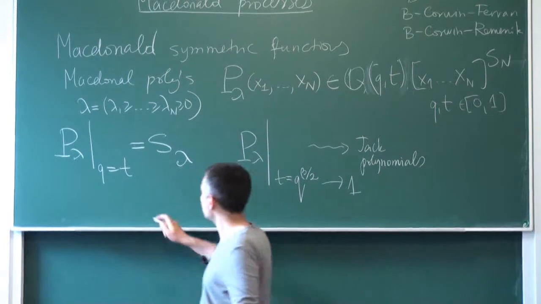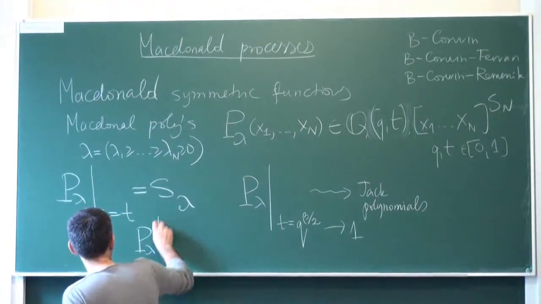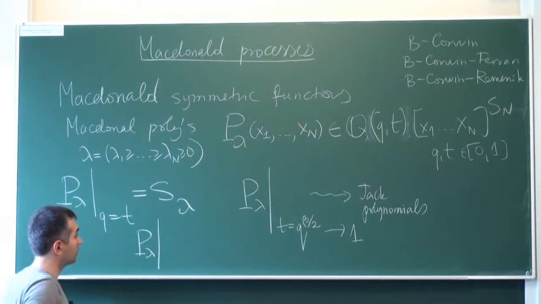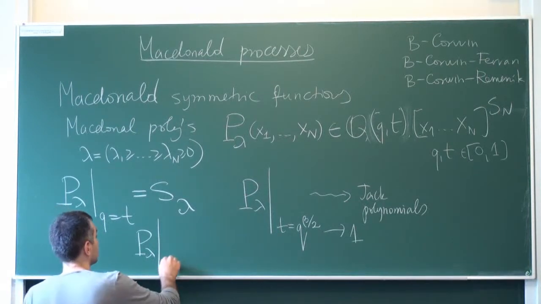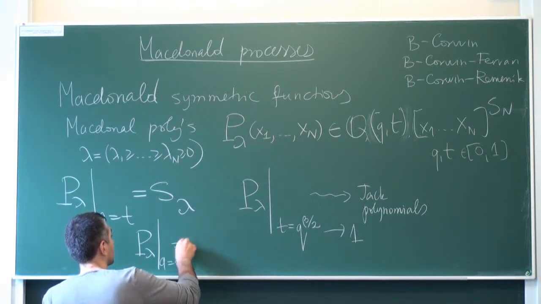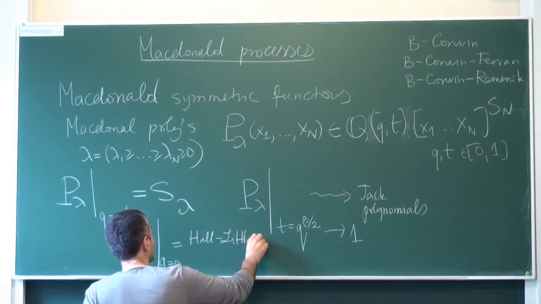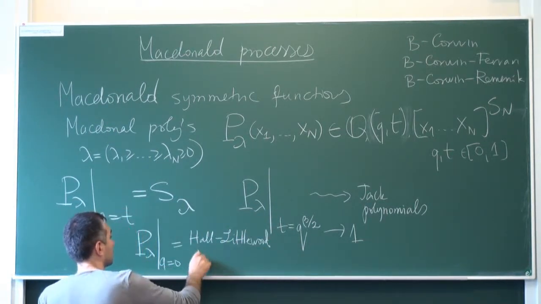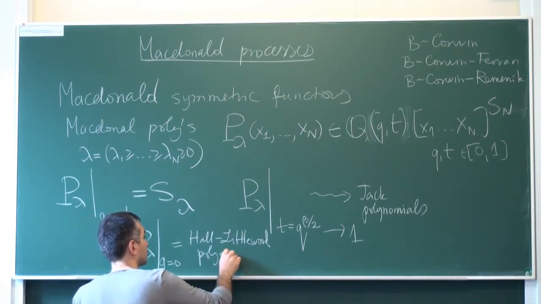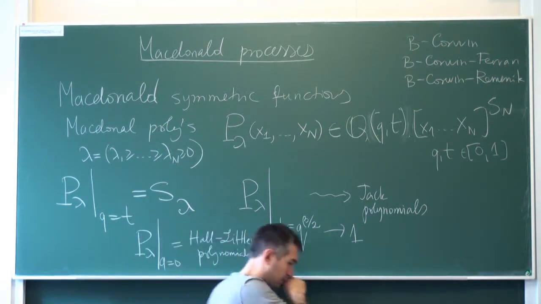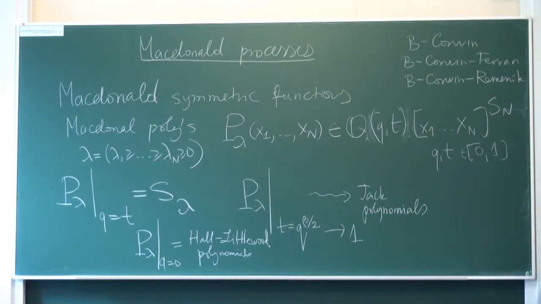And there is one more degeneration. Well, actually 2 more. If I take P_lambda and I set q to 0, and these have been known long before Macdonald's work, they're called Hall-Littlewood polynomials, and one representation theoretic interpretation of them is as spherical functions in representation theory of GL over p-adic fields.